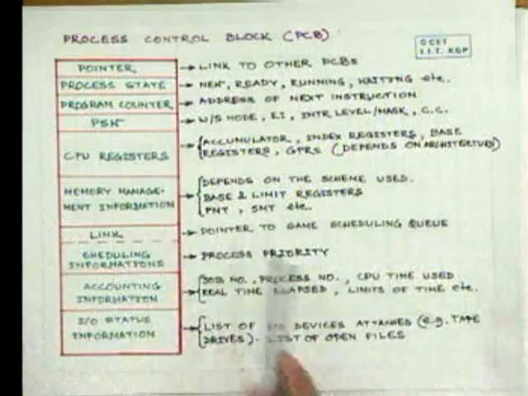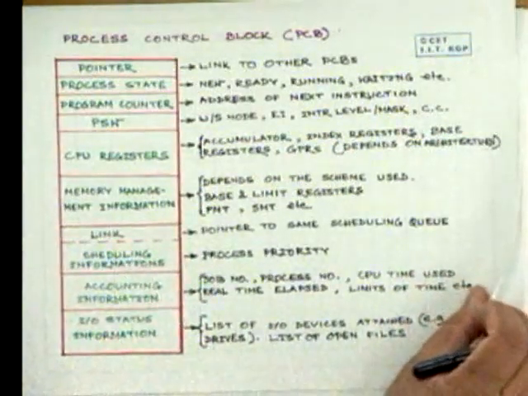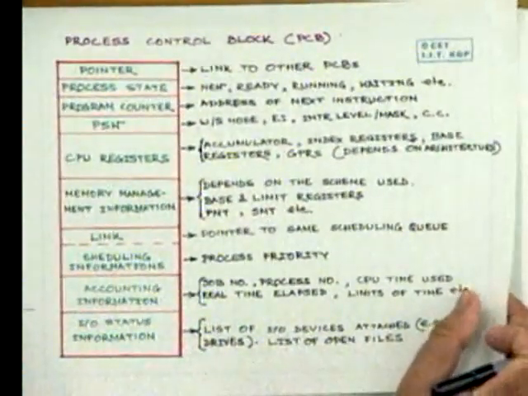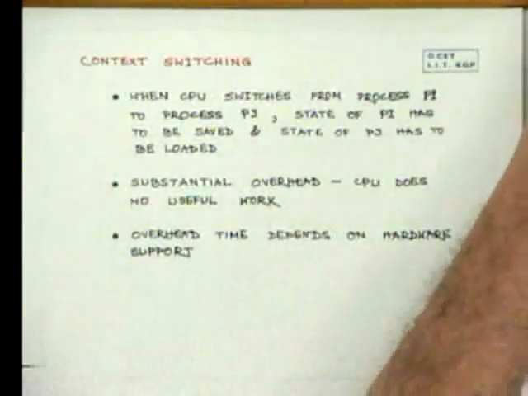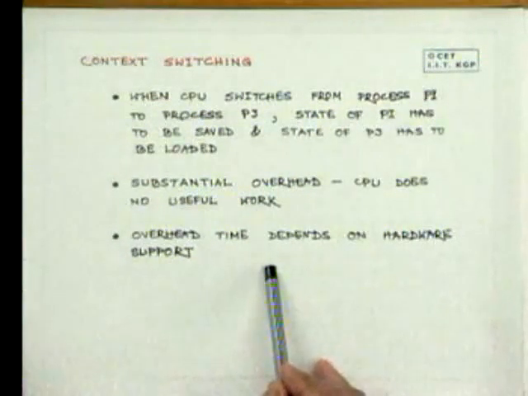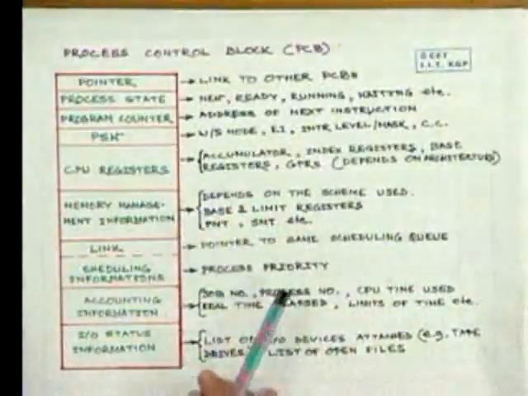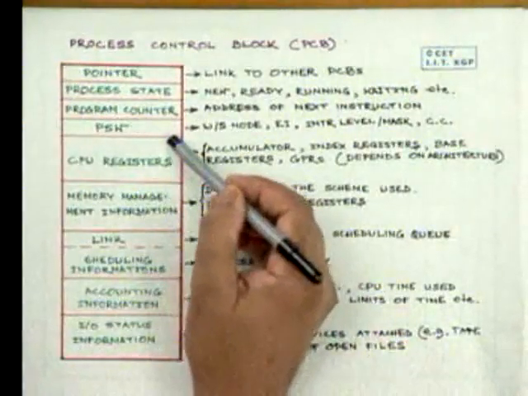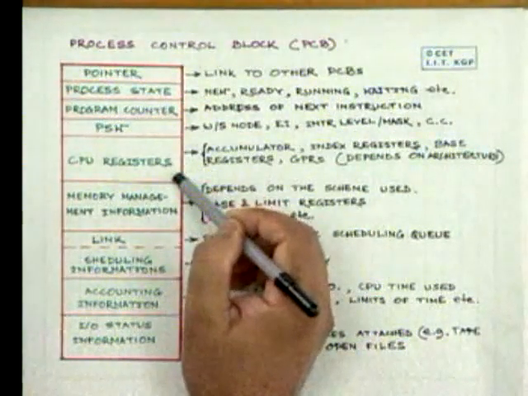Therefore, what is intended here is that the amount of overhead depends upon how much hardware support, how much architectural support, the machine has. Depending upon that, if one has to save all these registers by single instructions, you can immediately say that the overhead time increases tremendously.